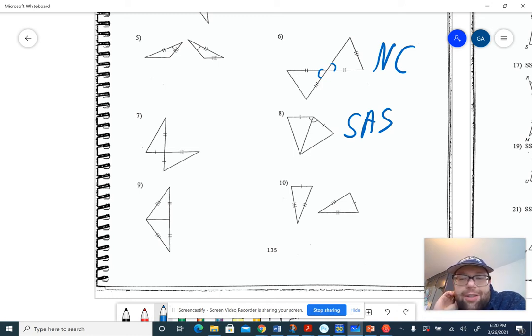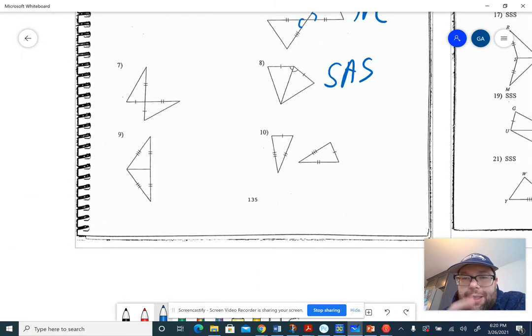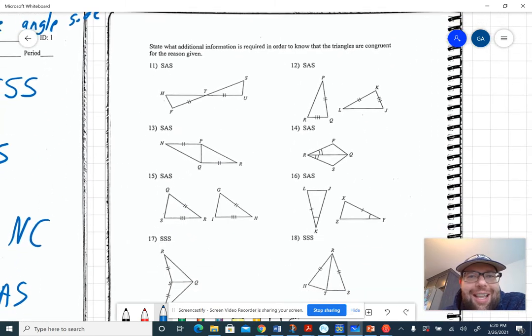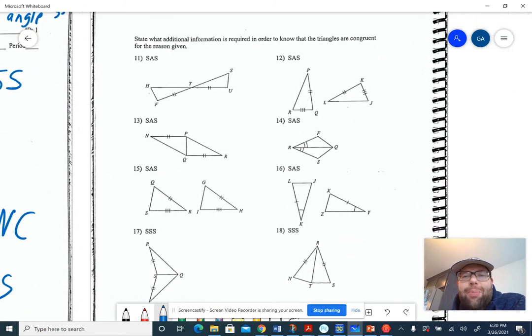So if all 3 sides are congruent, then it's going to be side, side, side. Side, angle, side is a little bit more particular. The angle has to be between the 2 congruent sides. Okay? All right, last one I'll do on this side. I have all 3 sides congruent, so side, side, side. Pretty hard worksheet, right?